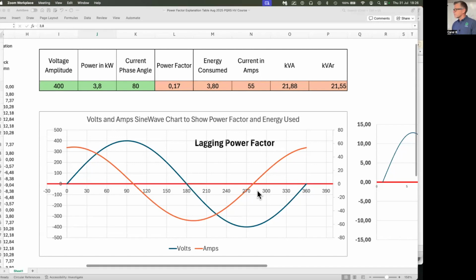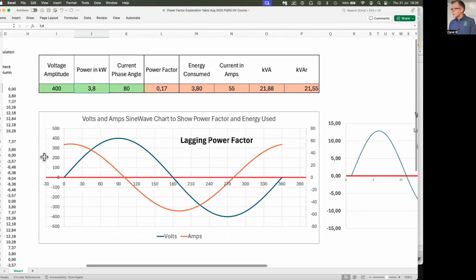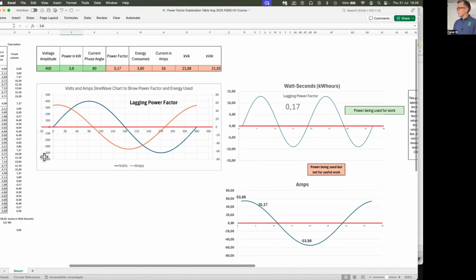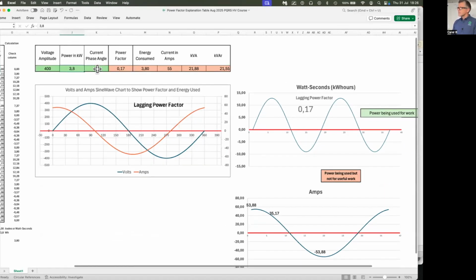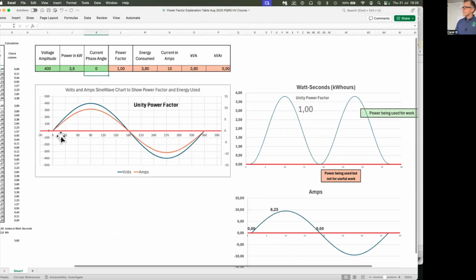So what I did was I went one step further. I said, okay, I want to calculate, if my phase angle is 0, how much energy is being consumed.